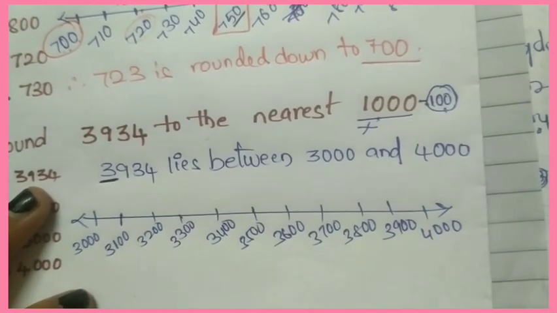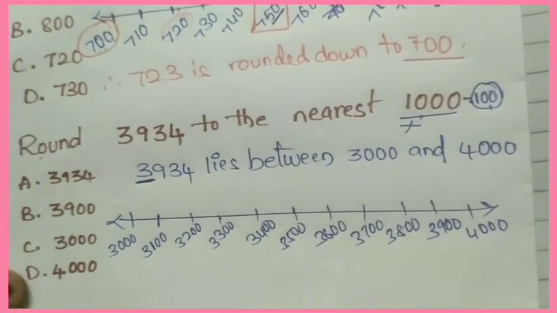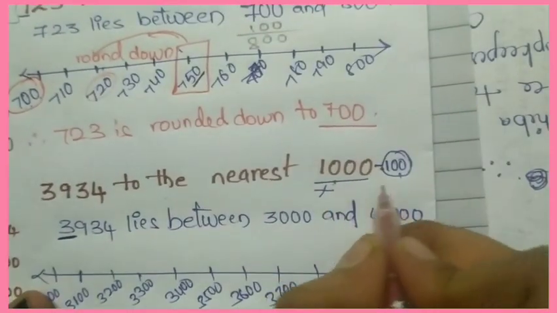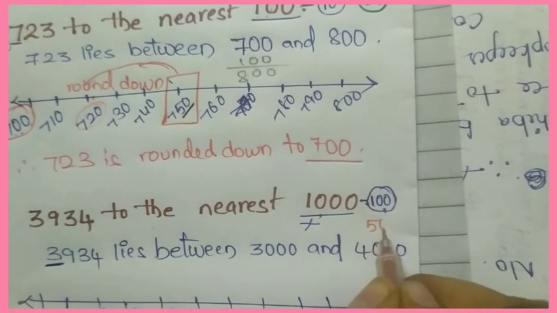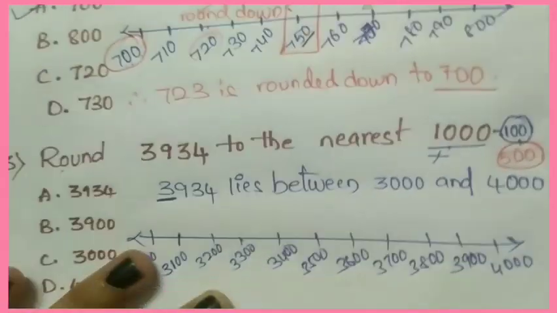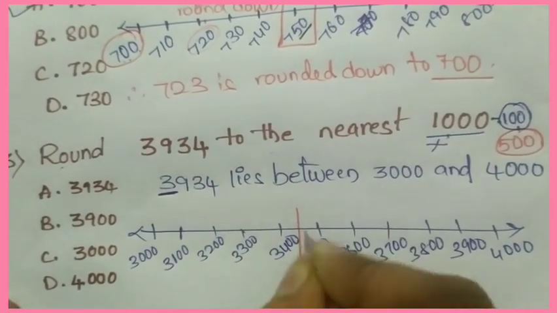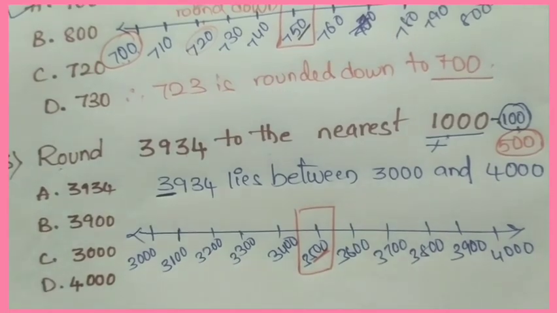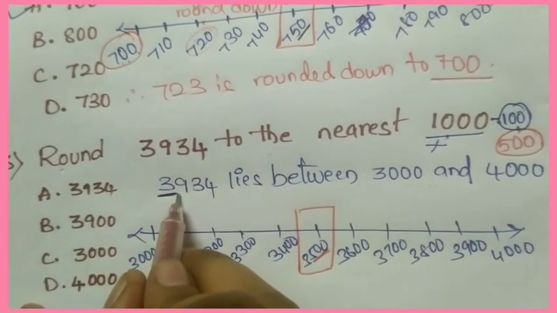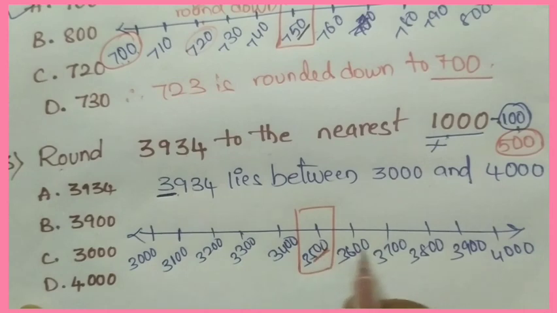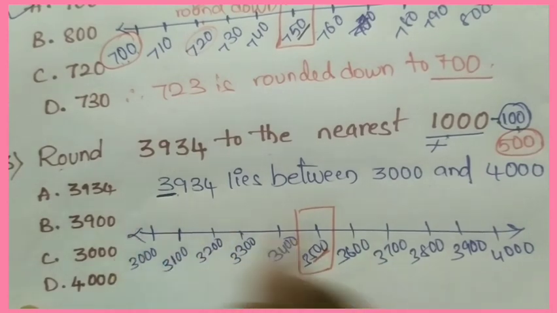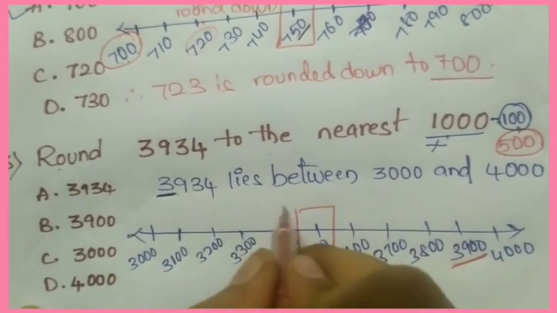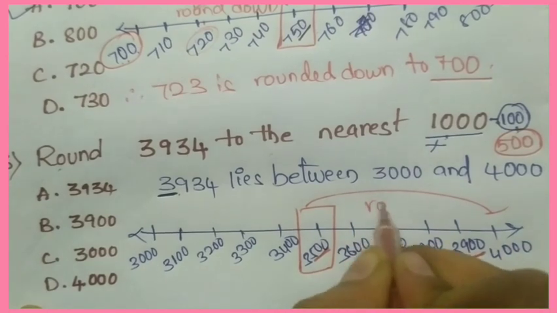Now, for 1000 we have 500 as the midpoint. Will 3900 be after 3500 or before 3500? Yes, it is after. So round up.